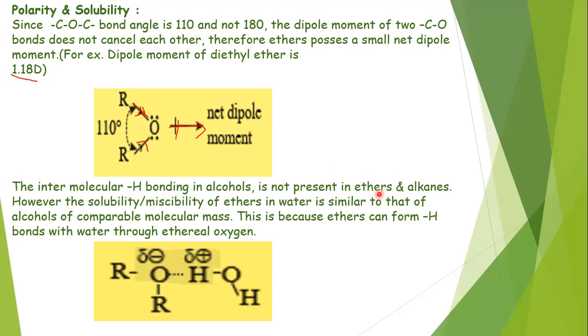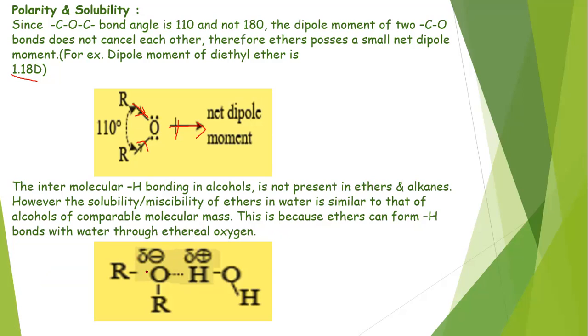But what happens in these ethers about their solubility? Ethers are soluble or miscible in water. Why? Because ethers can form hydrogen bonding with water through ethereal oxygen.